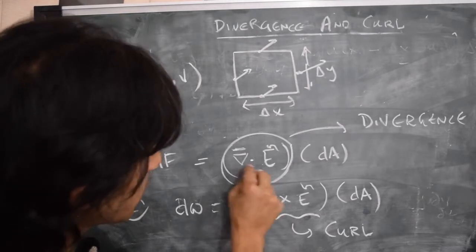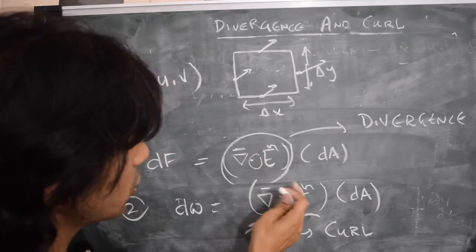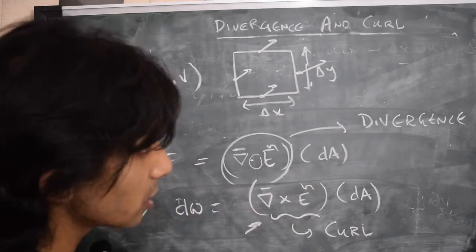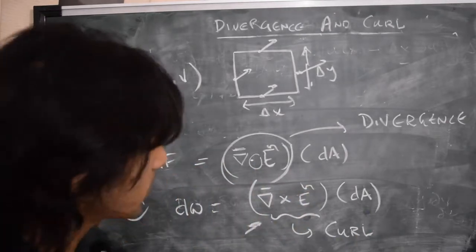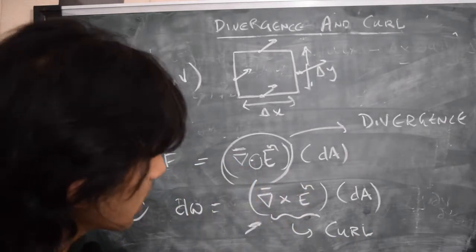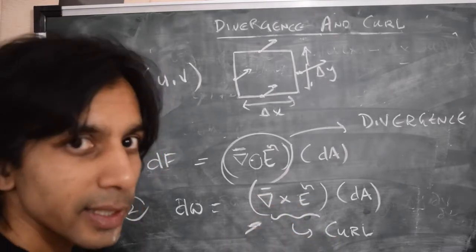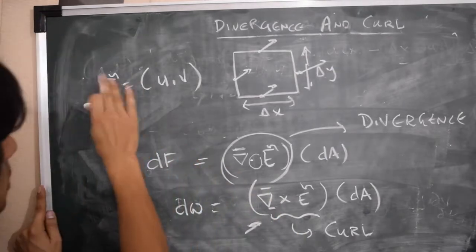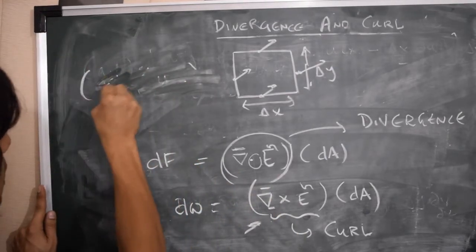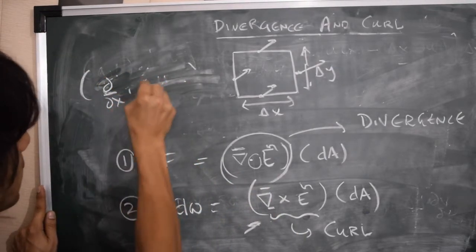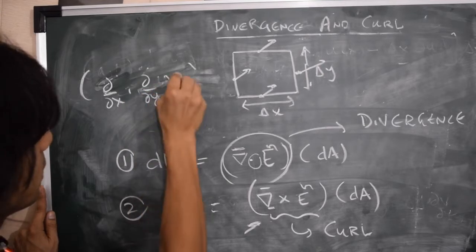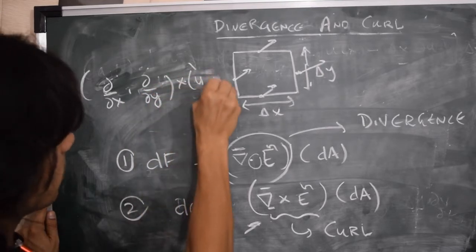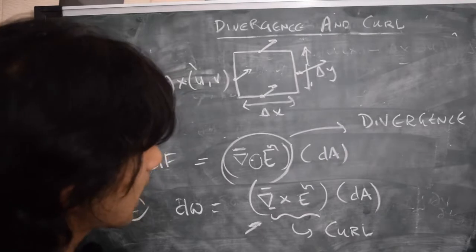Just like the dot product definition is an extension of what we know from ordinary vectors, the curl or cross product is defined in exactly the same manner, where we take the operator with components d dx comma d dy and take its cross product with a vector field u comma v.